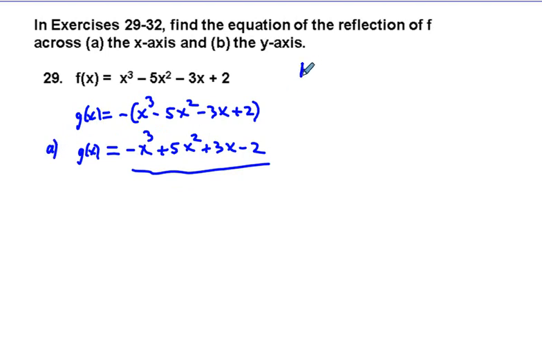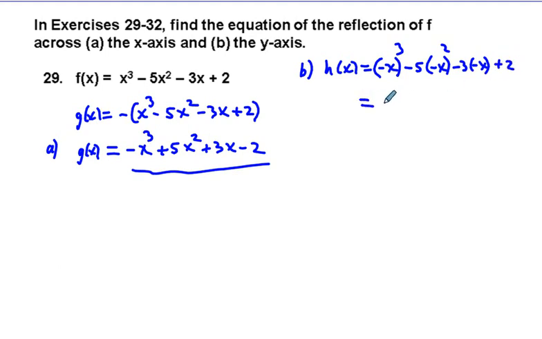For B, we'll say h of x is equal to, what we do is take the original function, and every place there's an x, we put negative x. We'll get negative x cubed minus 5 times negative x squared minus 3 times negative x, and then we just have plus 2.